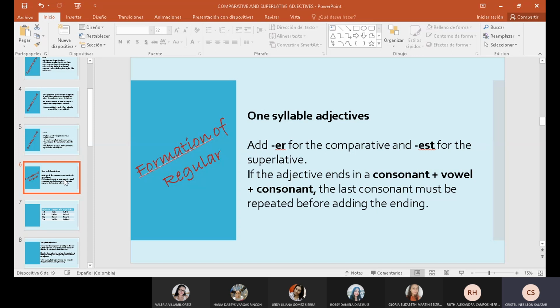Of most adjectives, the form will depend on the number of syllables of the adjectives. For example, adjectives of one syllable: add er for the comparatives and est for the superlative.